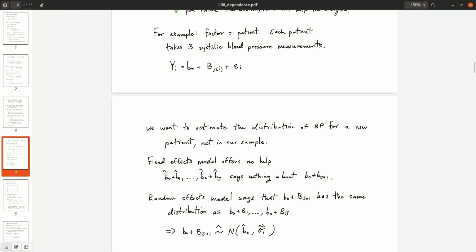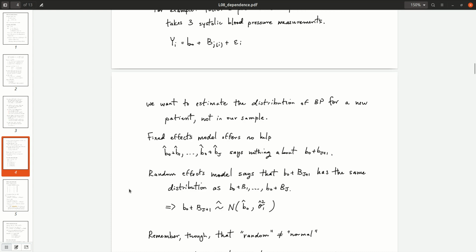Now this collection of effects, since we've made no assumption about what distribution these effects come from, will say nothing about the effect for the new patient, patient capital J plus 1. However, in the random effects model, the effect for the new patient, patient capital J plus 1, is going to be B0 plus capital B sub J plus 1.